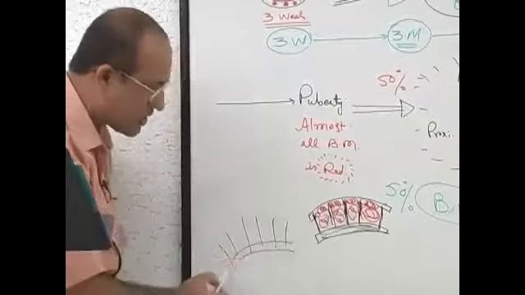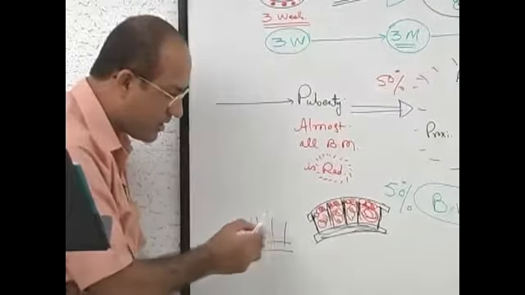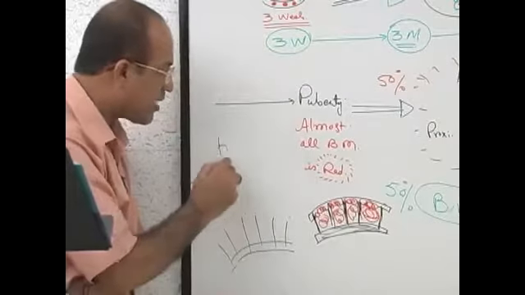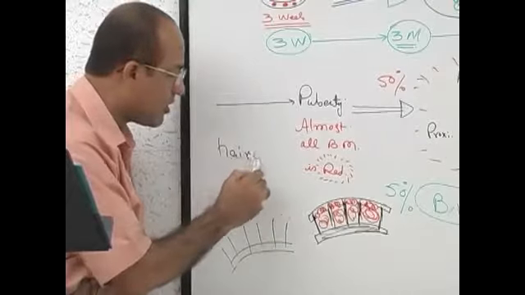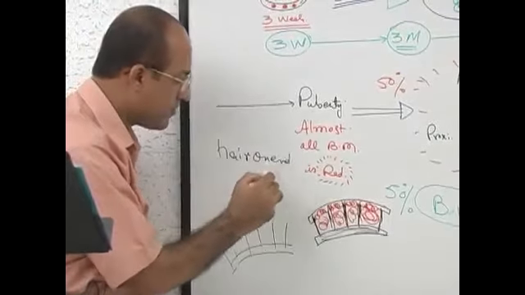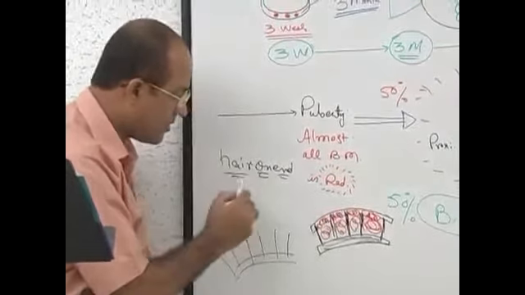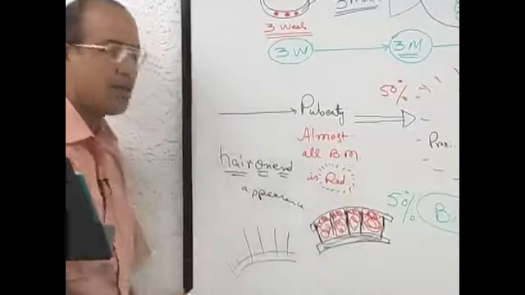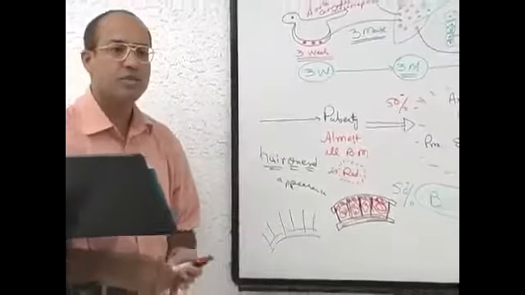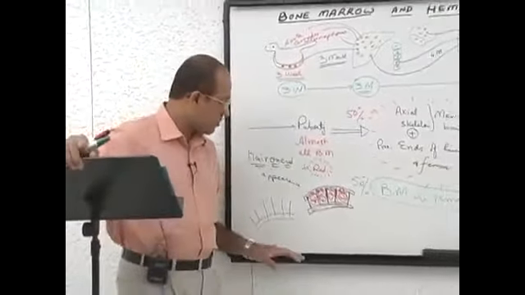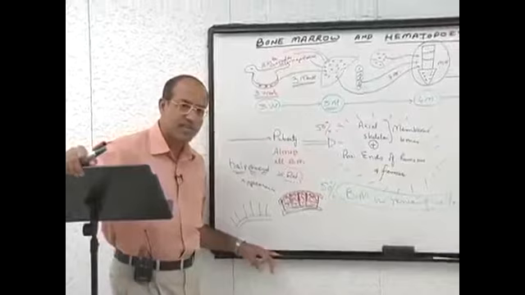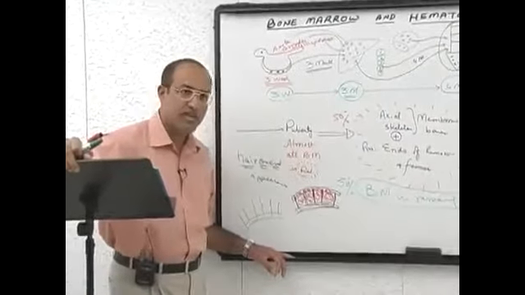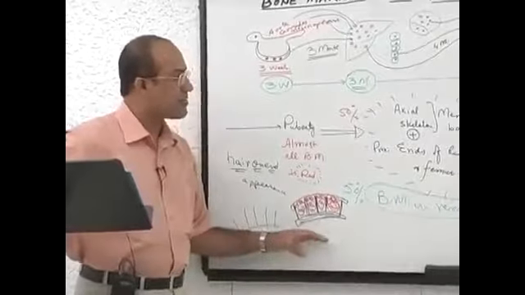This radiological appearance is called hair on end appearance. So hair on end appearance is seen in skull X-rays of persons where red bone marrow is expanding very rapidly. So this is one manifestation.